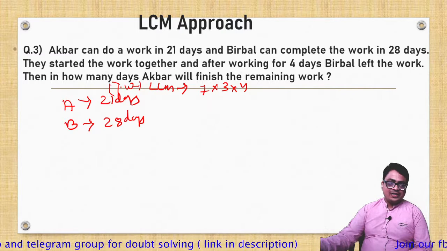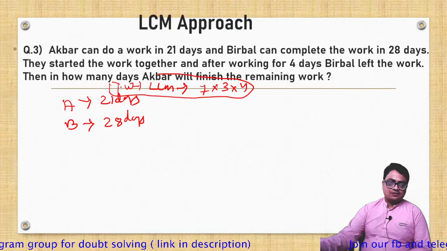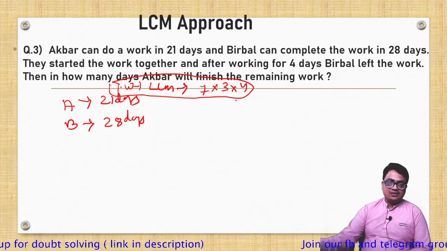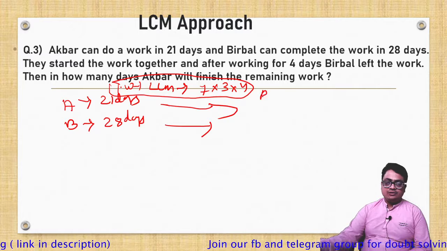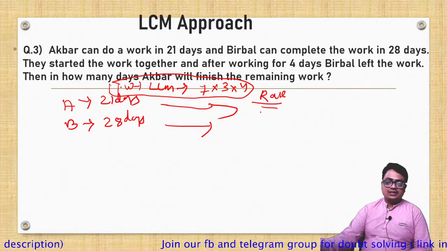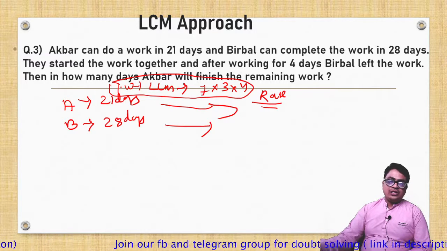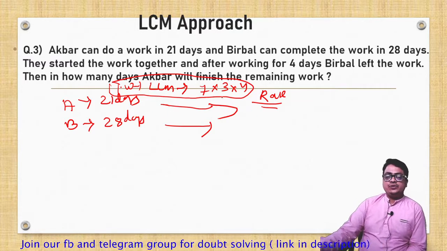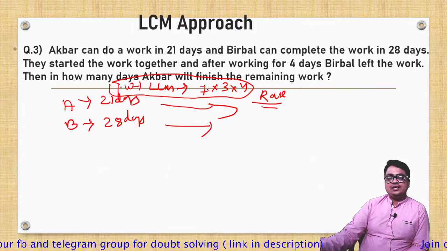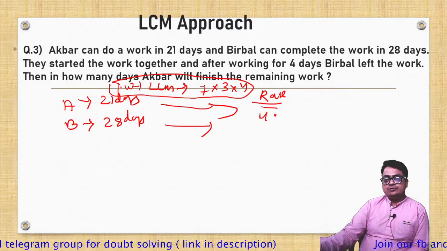Now you have to find the rate. What will be the rate? In 21 days he is doing this much. So in one day he will be doing, 7 into 3 will be gone, so it will be 4 unit per day.